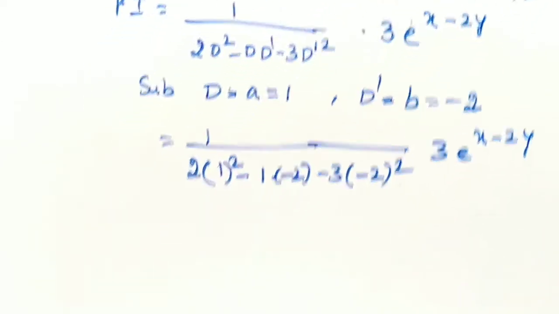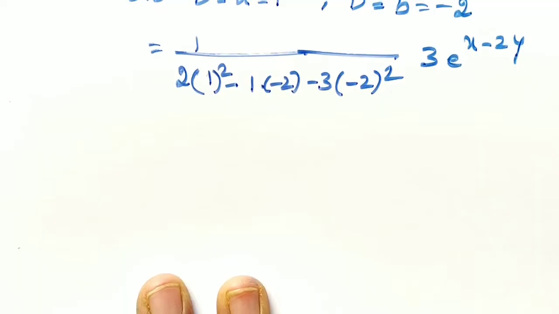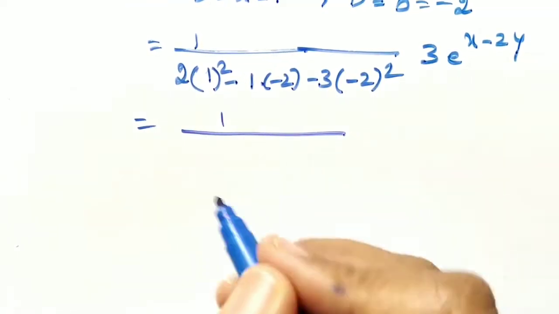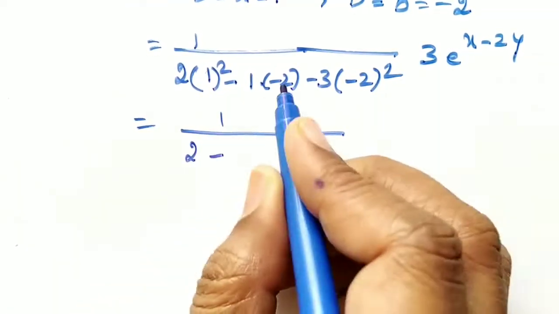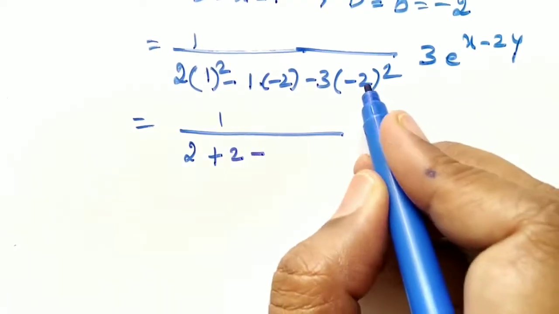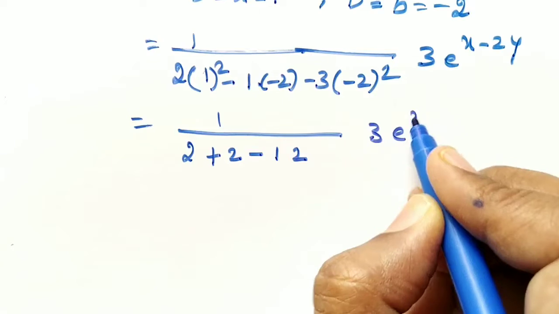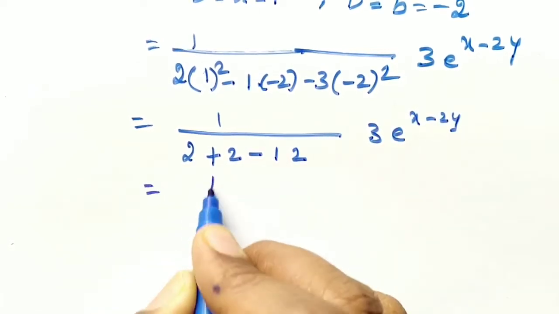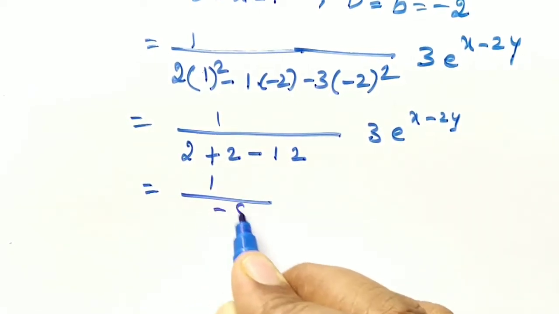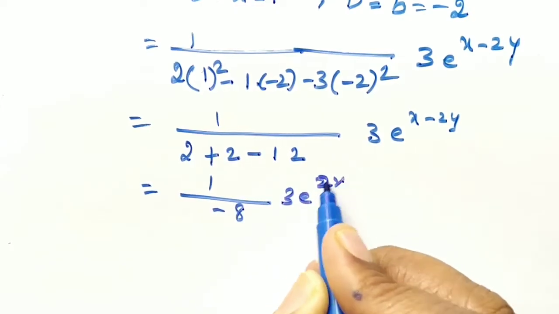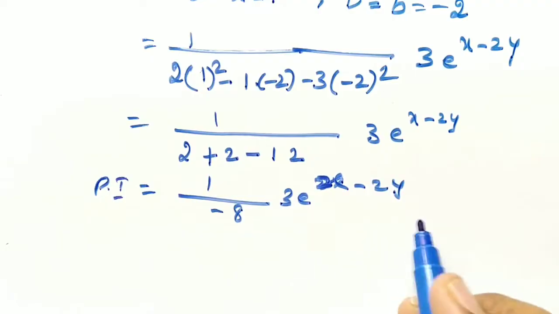Now simplify: 2 plus 2 minus 3 into 4, that is 12, so 4 minus 12 is minus 8, into 3 e power x minus 2y. This is the required particular integral.